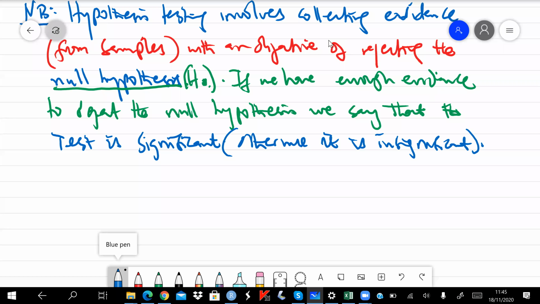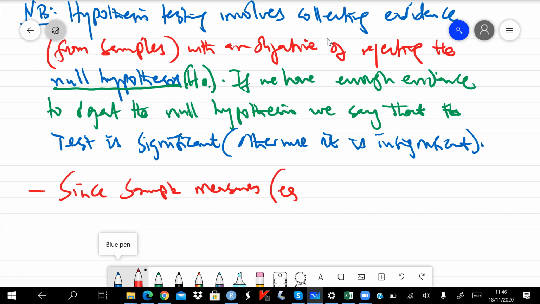Then we can continue by saying that since sample measures, things like X bar, things like P, things like S, etc., are variables.